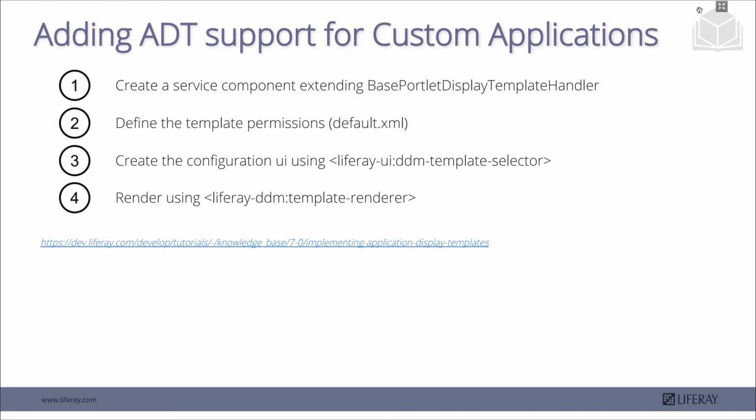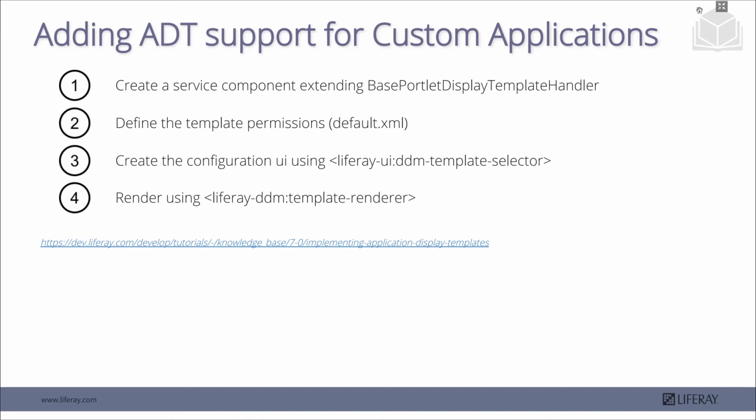And then from there, we'll configure the permissions of our application so that we can control who is able to apply or configure an ADT. From there, we're going to configure over on the JSP side some sort of logic so that when an ADT is selected, we'll know about it.